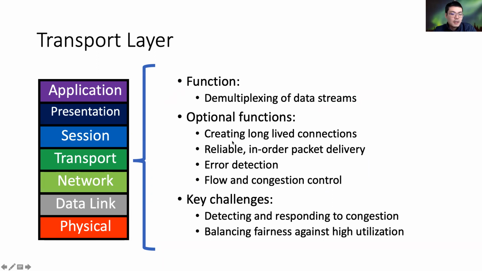And so in the transport layer, what we address is, firstly, demultiplexing the data stream, because on top of the transport layer we have the application layer, right? So you may have multiple applications running together, even between two pairs of machines. Then you need to deliver the right application message to the right target application.